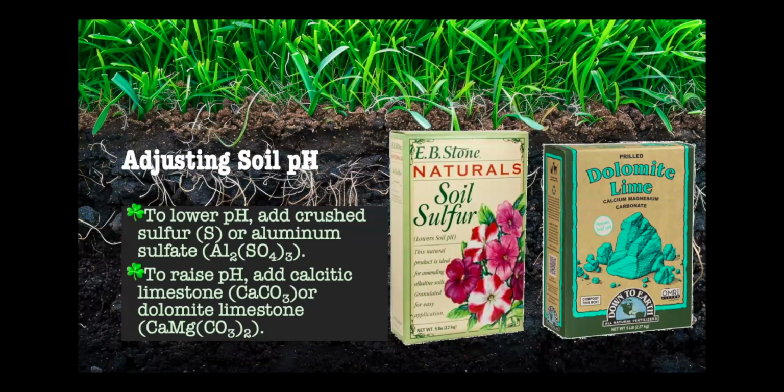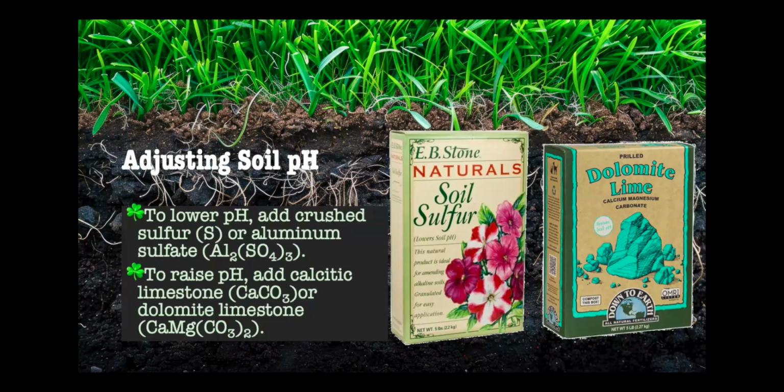If you need to raise the pH, and this is something they'll tell you on the soil test, and we'll get into how they know how much lime to add from your soil test. So if your pH is too low, if it's a lawn, a lot of people put lime on their lawn because their pH may be like 6 and they need to get it up closer to 7. So they'll tell you to add lime.